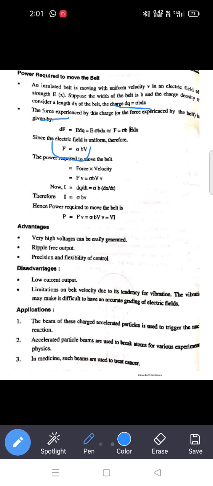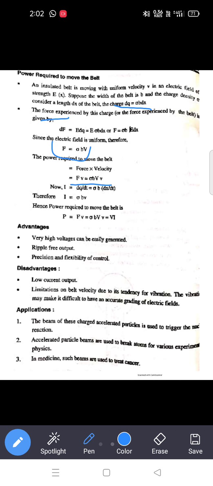Now the power required to move the belt is force times velocity, with velocity defined as small v. Now the current I is charge by time, so dq by dt. We put the obtained value of dq in this equation, and we get sigma b dx by dt.